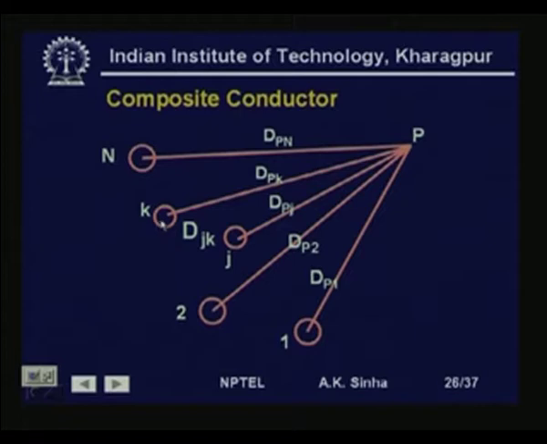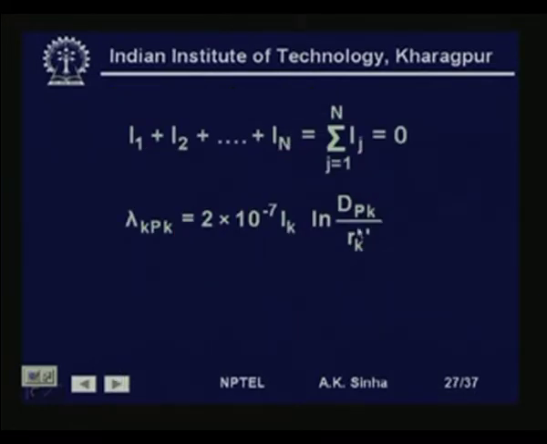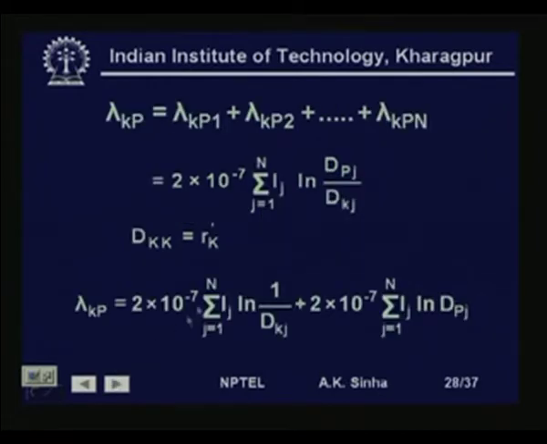Similarly, if we want to find out the flux linkage with this conductor due to current flowing in some other conductor, we can write down the similar relationship, except that instead of this r dash we will have to write d p j, sorry, d k j.